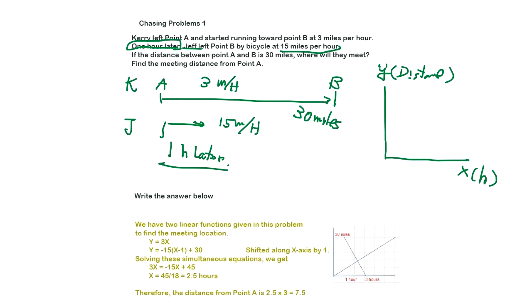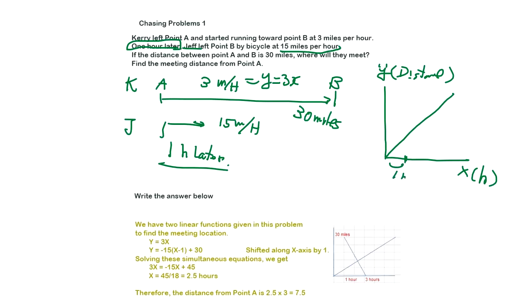It's very easy to say 3 miles per hour is y equals 3x, right? Y equals 3x. Now Jeff starts 1 hour later.